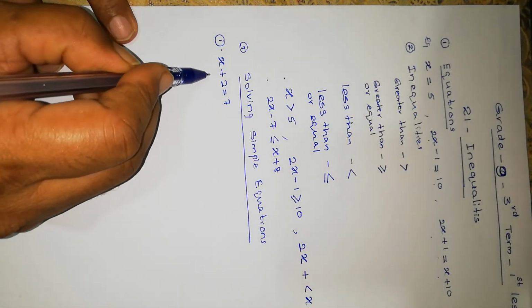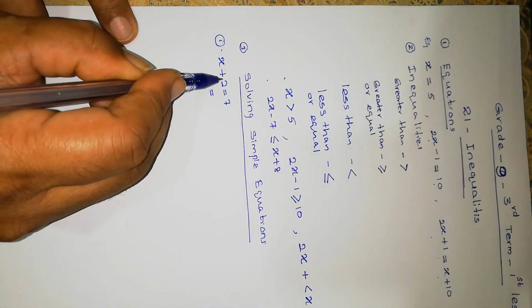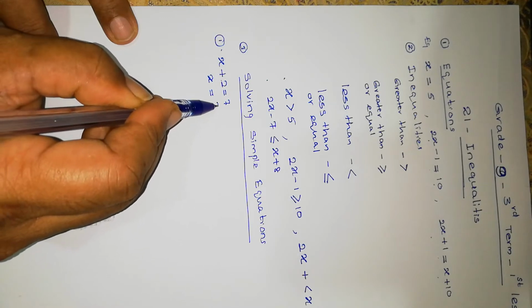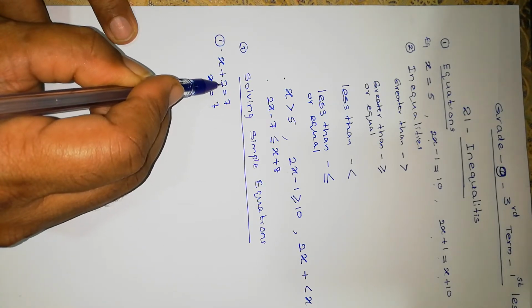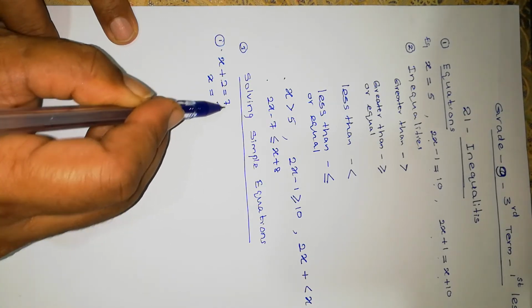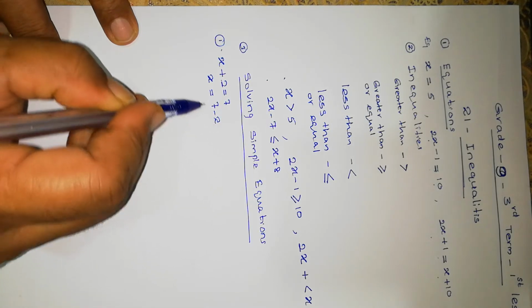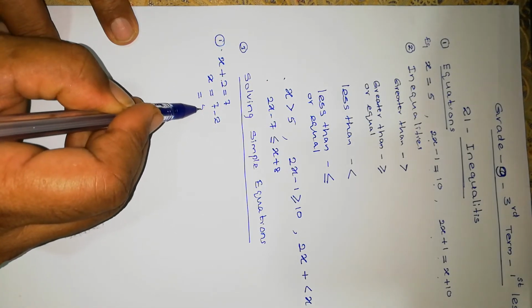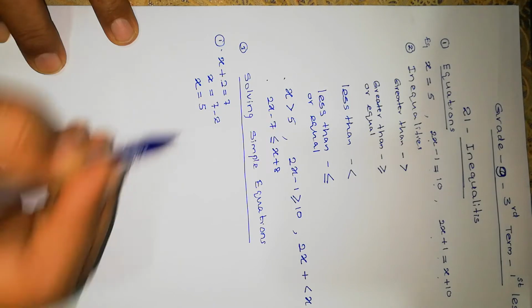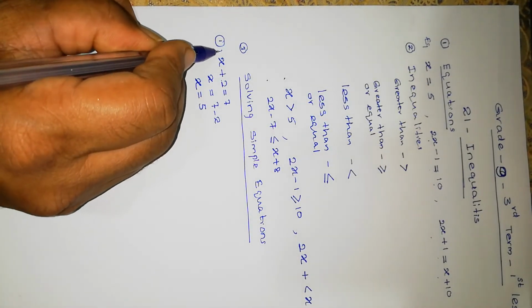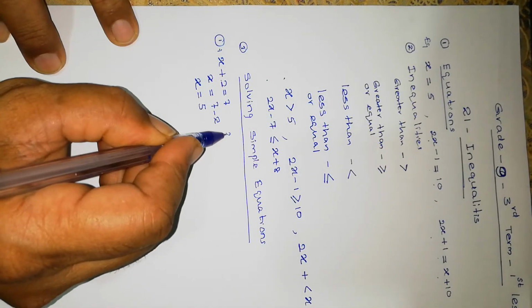To find x, you need to move this positive 2 from left to right. When you move positive 2 from the left-hand side to the right-hand side, it becomes negative 2. Then 7 minus 2 is 5. Then x equals 5.